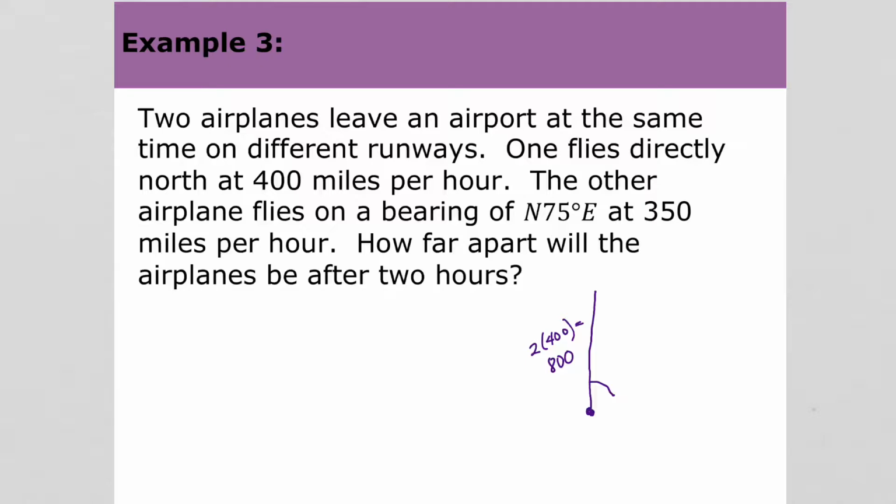So it's 75 degrees east of north, so like right here. And it's going at 350 miles per hour for those 2 hours. So it's traveled 700 miles after 2 hours.